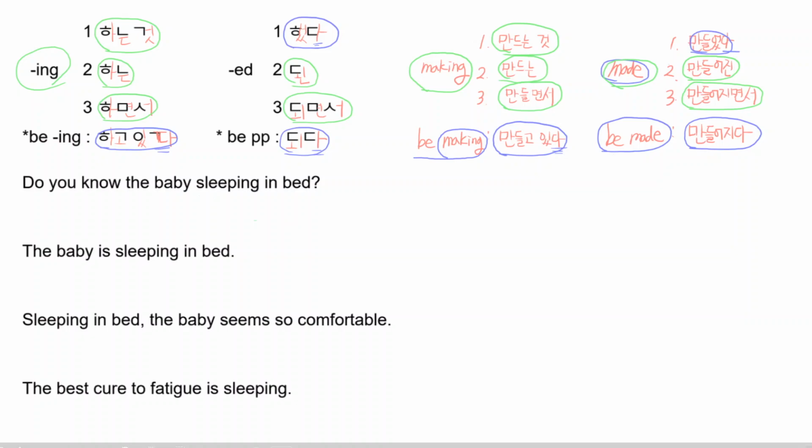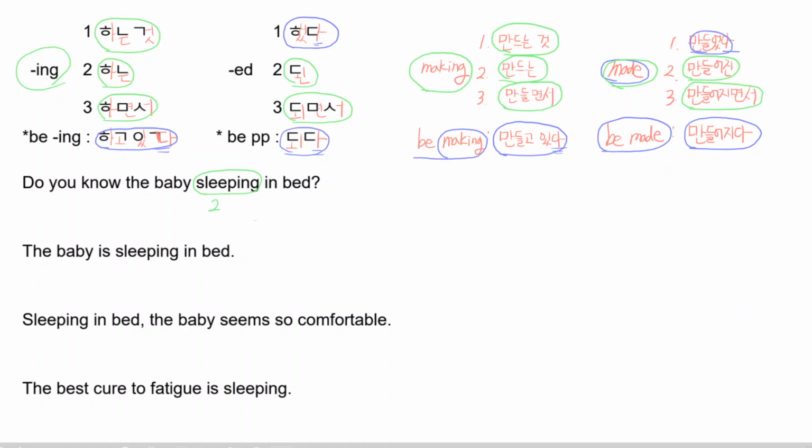Okay, let's start over. So we have sleeping. The ing form has one of these three meanings, right? So sleeping could mean 자는 것, 자고 있는, 자면서. Which one do you think it is? Yes, it's the second one. Okay, let's move on.